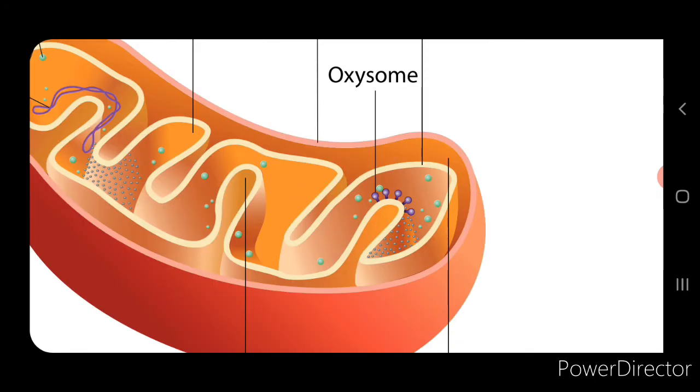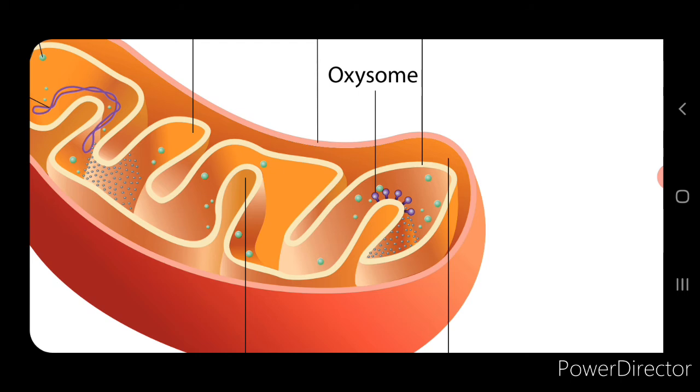So this is also an internal structure present in the inner mitochondria. It is in the shape of a tennis racket. So this is called oxysomes, and this is involved in the ATP, that is adenosine triphosphate, synthesis.